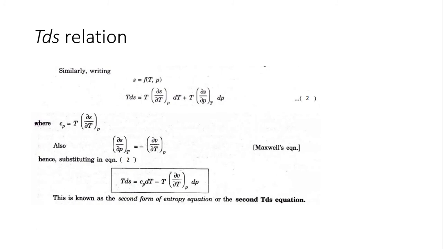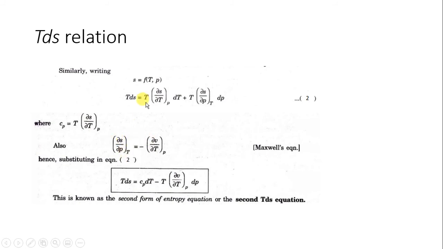Second TdS equation, we will write entropy as a function of temperature and pressure. We will differentiate and multiply it with T. So you will get the dS equation and then multiply by T on both the sides. You will get this equation. Now Cp value will be T dou s by dou T at constant P, using similar logic as the previous slide, and this is the Maxwell relation.